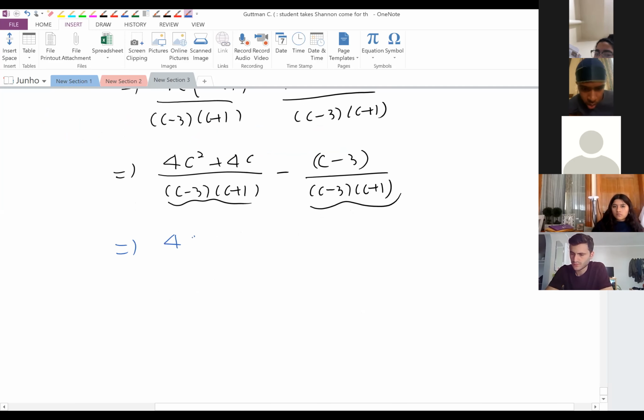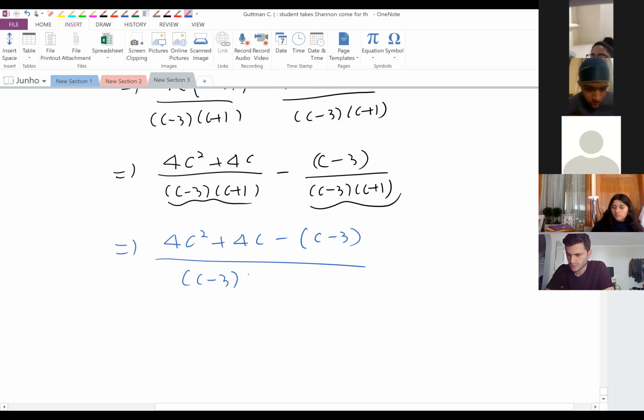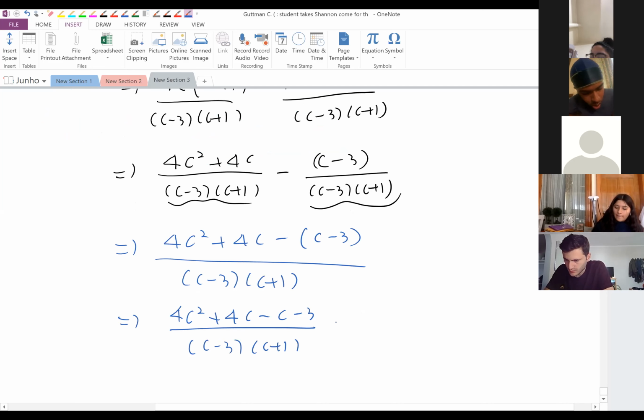So 4c squared plus 4c minus c minus 3 over c minus 3, c plus 1. Then this becomes 4c squared plus 4c minus c minus 3 over c minus 3, c plus 1.